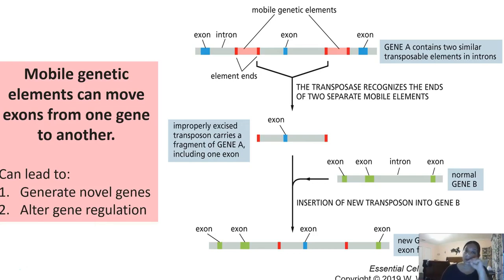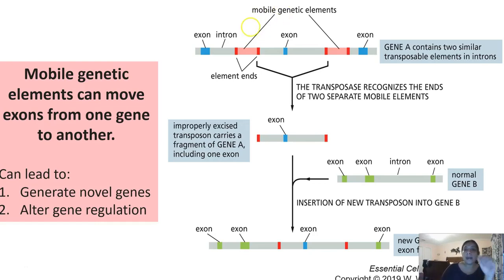They can also cause another problem if there is a transposon that is found multiple times in the sequence for a given gene. So for example, this example gene, gene A, contains 2 mobile genetic elements that are very similar. They are both in introns, so as such, they don't really affect gene A. Gene A is still going to produce the same protein it always did.